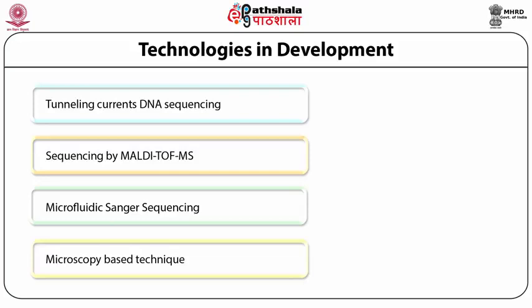In this technique, by use of an electron microscope, the DNA can be visualized, and exactly what the size is and what nucleotide is incorporated can be identified. These methods are in a state of development, and they may change how DNA sequencing happens today.